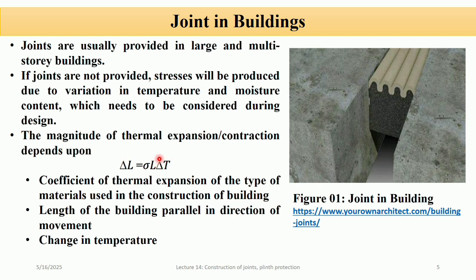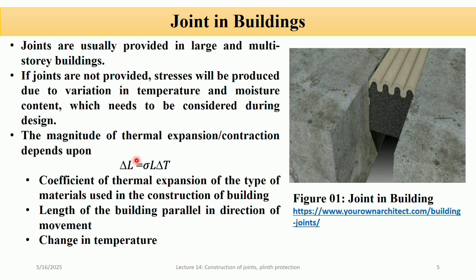So let's discuss what this means in a building. Longer buildings mean a larger L, and greater temperature variation causes more expansion or contraction, and different materials expand differently due to varying thermal coefficients. For example, steel expands more than concrete.